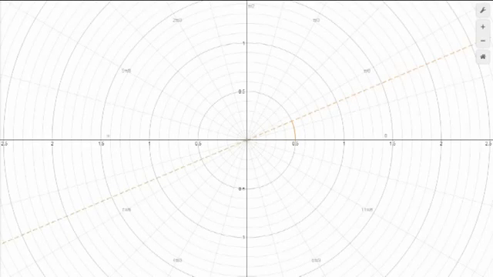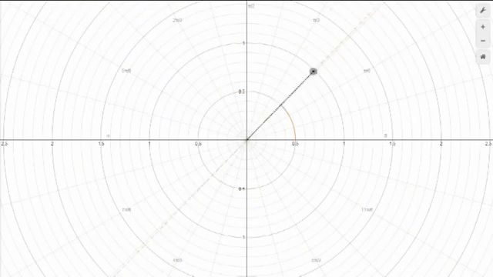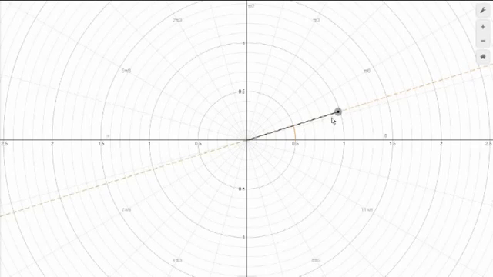And the function itself is a point on this line that is moving around as the angle turns, as this number line turns. And what we get out of this is every angle corresponds with some distance away from the origin that this point can be.